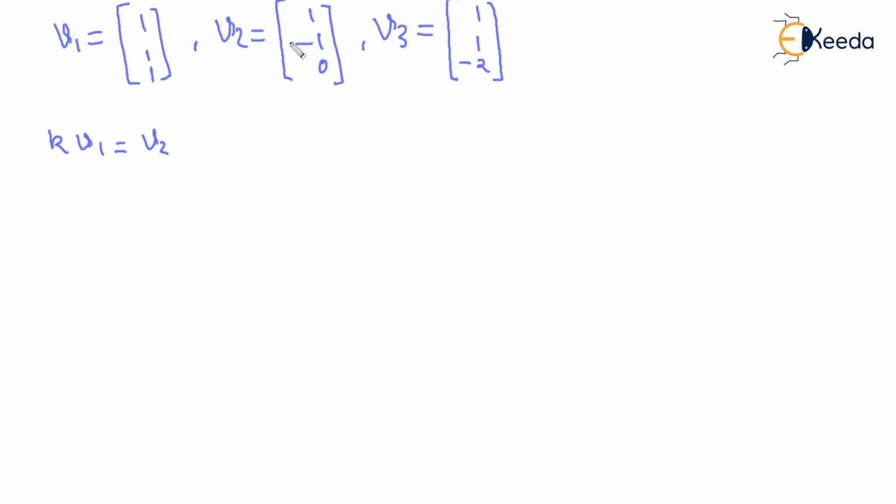You getting my point? If we multiply 1 with 0, this becomes 0, but this 1 and this 1 will also become 0. This means these two are not parallel, so that case is not possible. The second case is when V1, V2 and V3 are all perpendicular to each other. So this will form an orthogonal set.